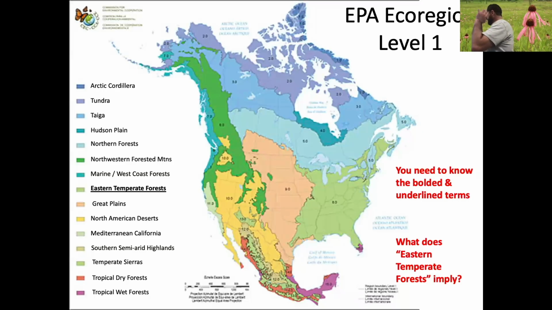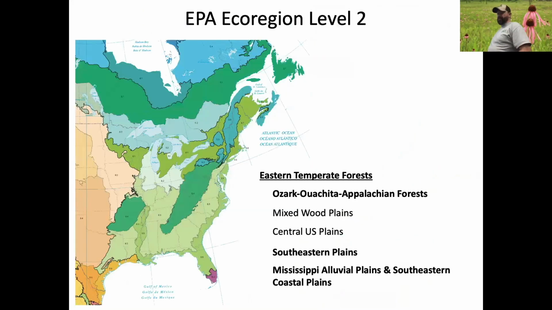Now, a lot of people will call this region, by the way, not as an ecoregion, but just as a popular way of saying it, the eastern deciduous forest region. Have you ever heard that? Very popular way to kind of phrase it. But these are the eastern temperate forest ecoregion. Now, the second one is we can then begin to structure that eastern temperate forest, which here's the boundaries of it, right?